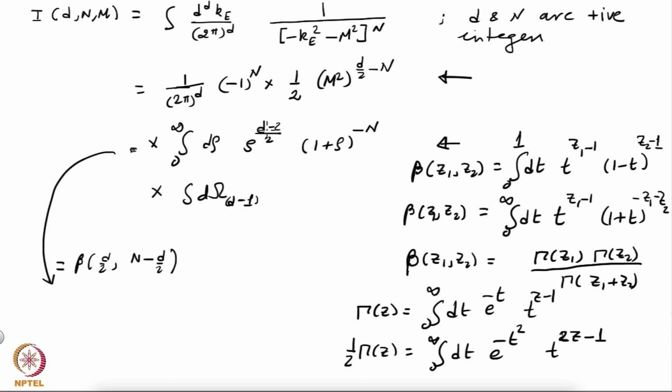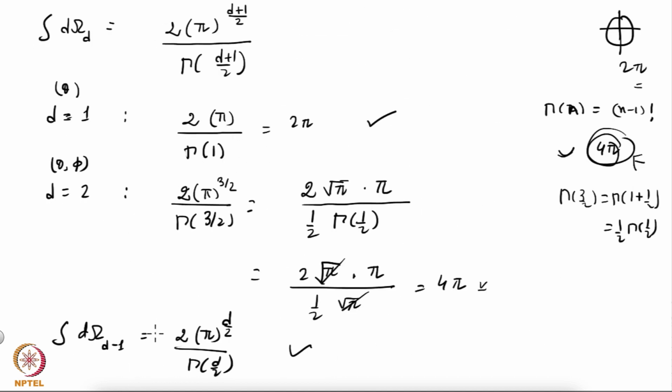Okay, so this one, using this formula, gives you gamma of n minus d over 2 over gamma n. Now I will substitute all these things here and get the following.